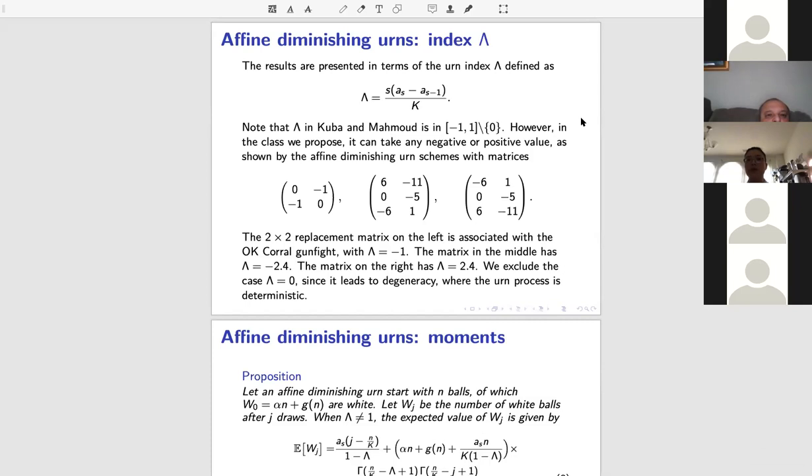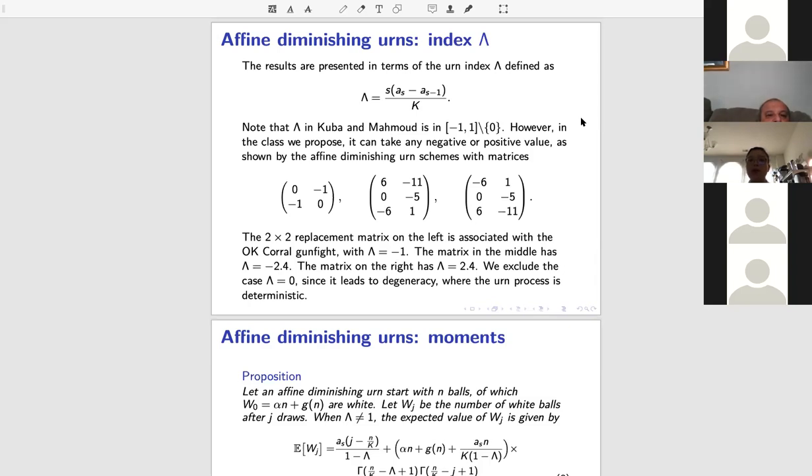We notice that this Erg index appears in the work of Professor Kuba and Professor Mahmoud for two-color affine Ergs with multiple drawing and with positive replacement entries. In that case, the range of this is from -1 to 1.